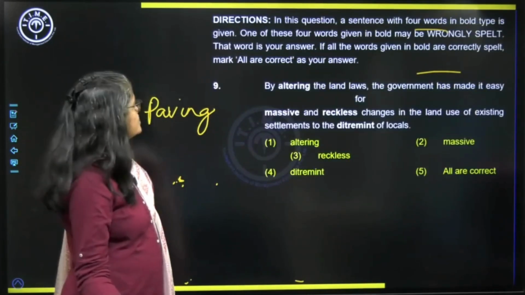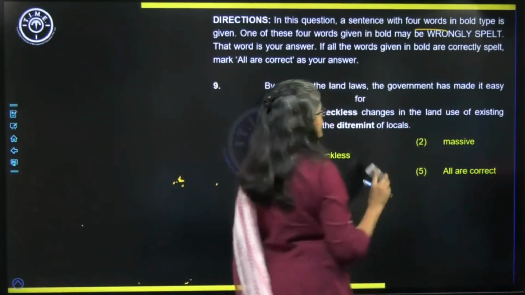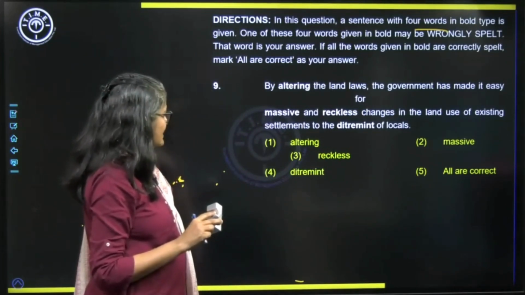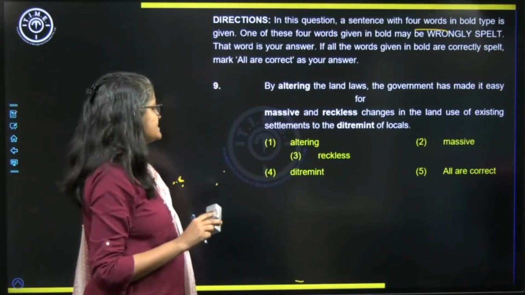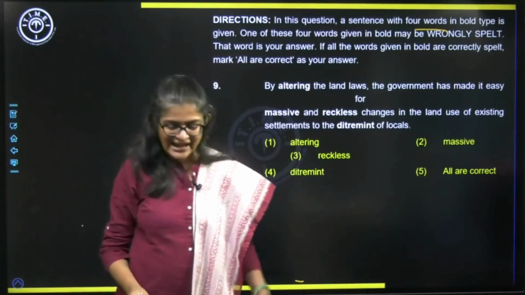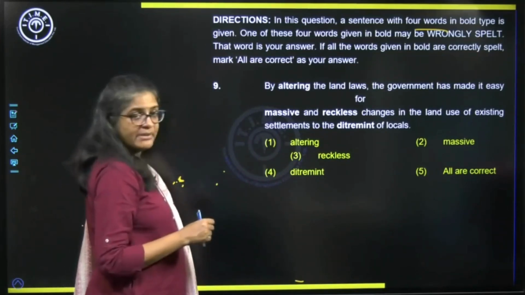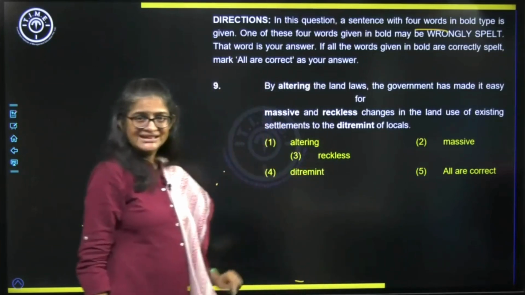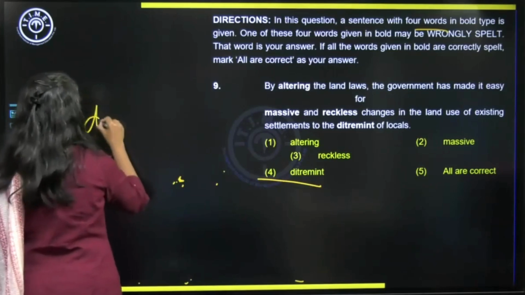It's very commonly used. By altering the land laws, the government has made it easy for massive and reckless changes in the land use of existing settlements to the detriment of locals. Nothing wrong with the sentence except for a particular spelling. Altering, massive, reckless, detriment. There is no word like this. What is the word?